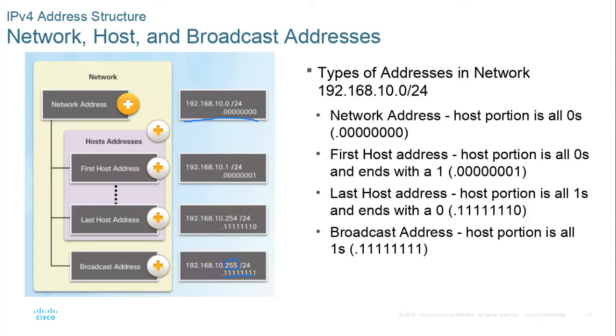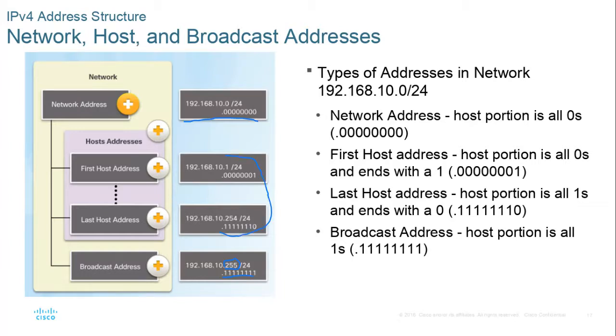The other big common use for the broadcast function is the DHCP function. When your workstation boots up, it sends out a broadcast request to be assigned the right IP address to use in that company network or that home network. All the values in between are cool for us to assign to all of our individual workstations.